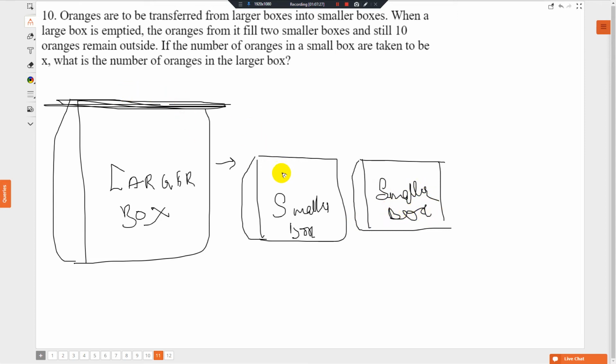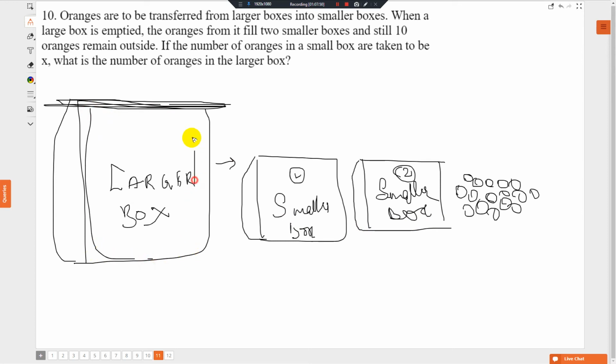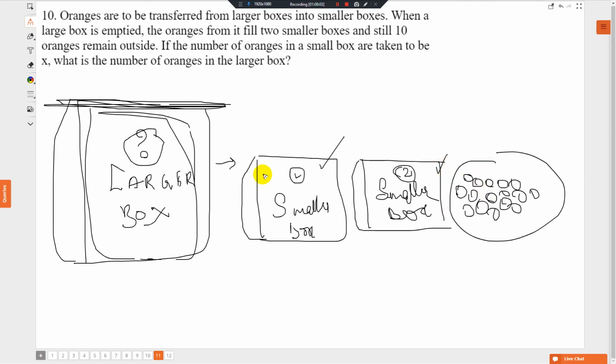Okay, the total came in first box plus second box. But there are 20 laddus remaining still, outside. So how many laddus does the larger box contain? This is the question. So we just add this plus 20 laddus, right?